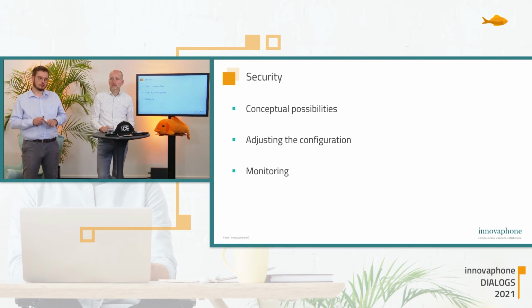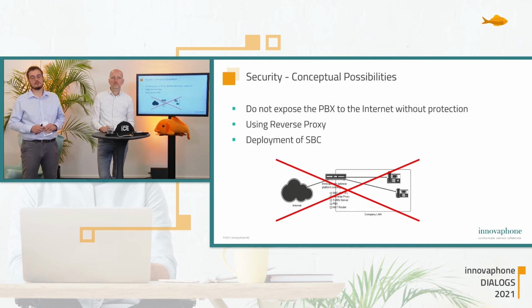We want to show you, explain to you, and debate with you about security topics, because today it's really important to have a good understanding of security aspects. We will talk about the conceptual possibilities, the monitoring, the configuration. It will involve the reverse proxy, the session border controller, and also the PBX best practices of the security configuration.